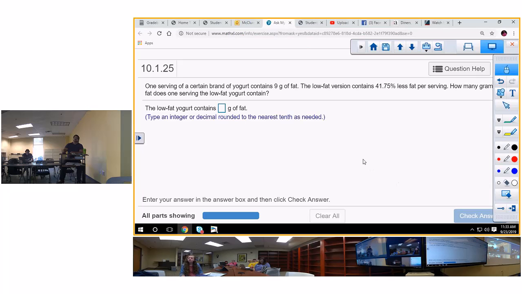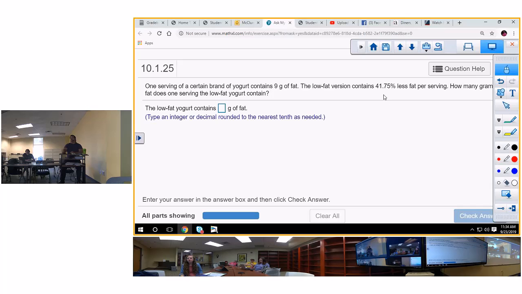Yes. 1 serving of a brand of yogurt contains 9 grams of fat. The low-fat version contains 41.75% less fat per serving. How many grams does the low fat have?